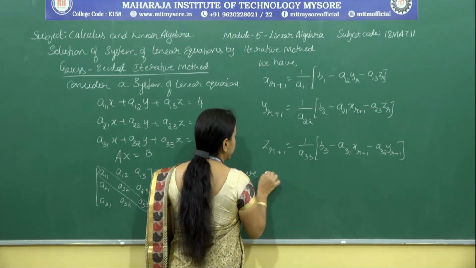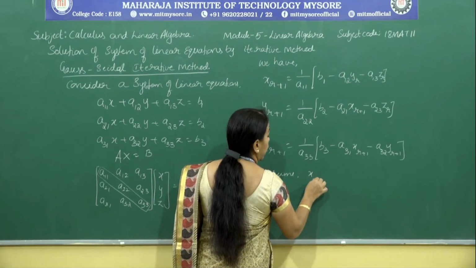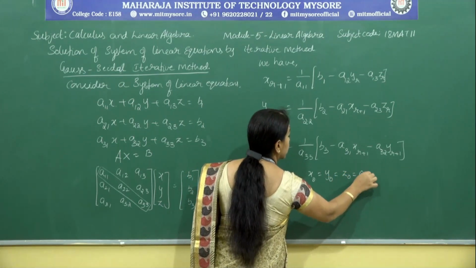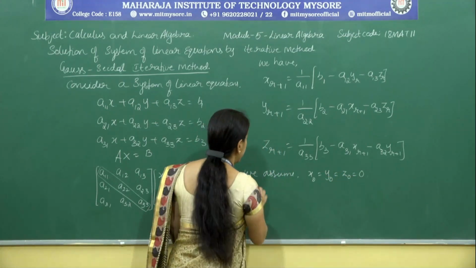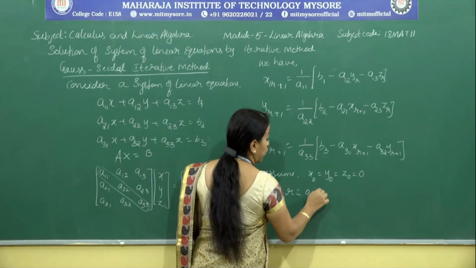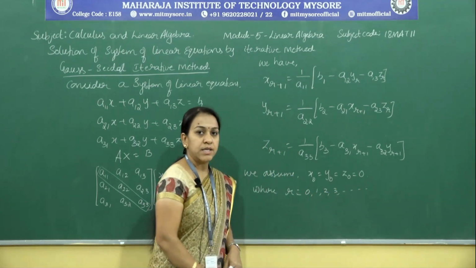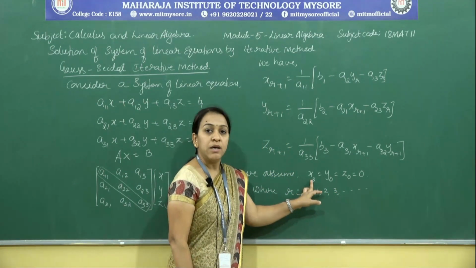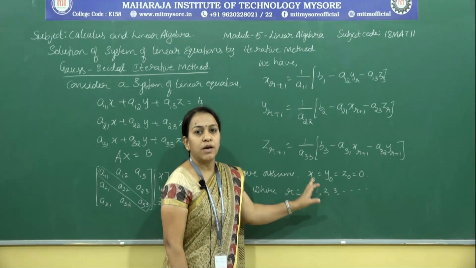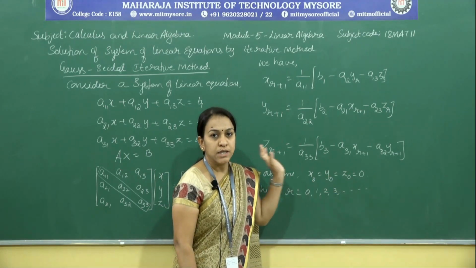We assume the initial condition x0, y0 and z0 equal to 0, where r is 0, 1, 2, 3 and so on, the number of trials. In every problem we assume the initial values x0, y0, z0 as 0.